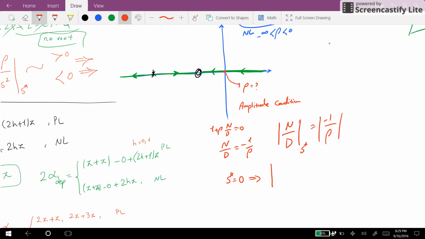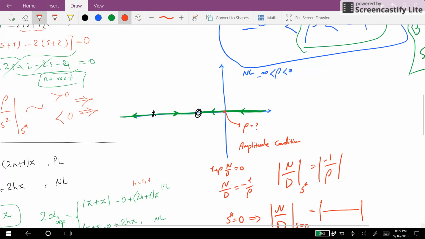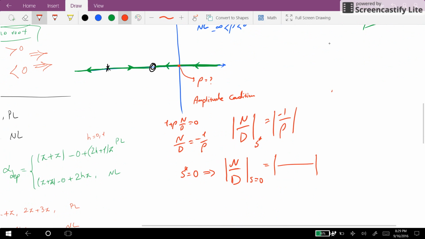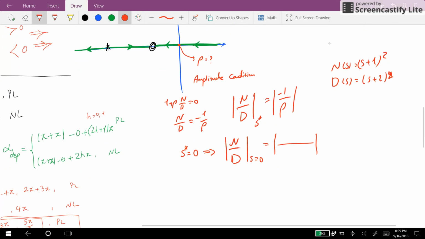As a result, the amplitude of n over d at s equal to 0 can be obtained as follows. So n is s plus 1 squared, and d is s plus 2 squared. As a result, the amplitude of n will be equal to 1.